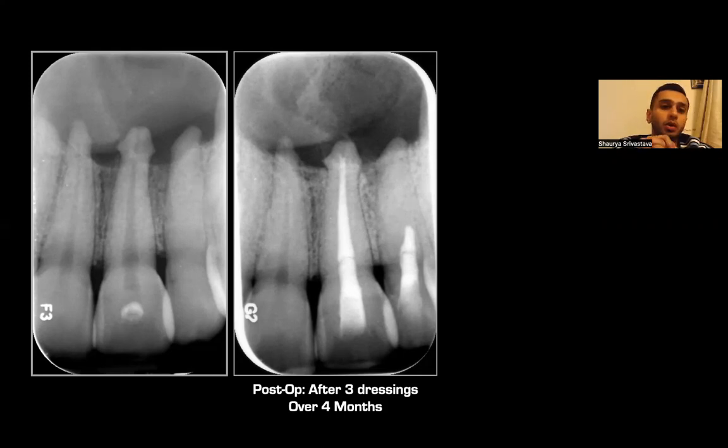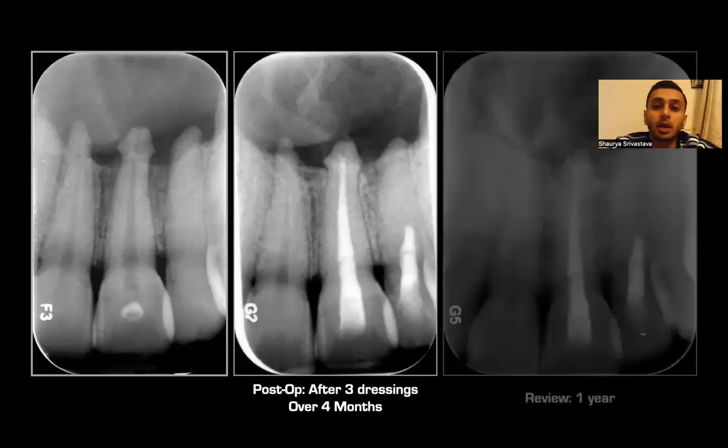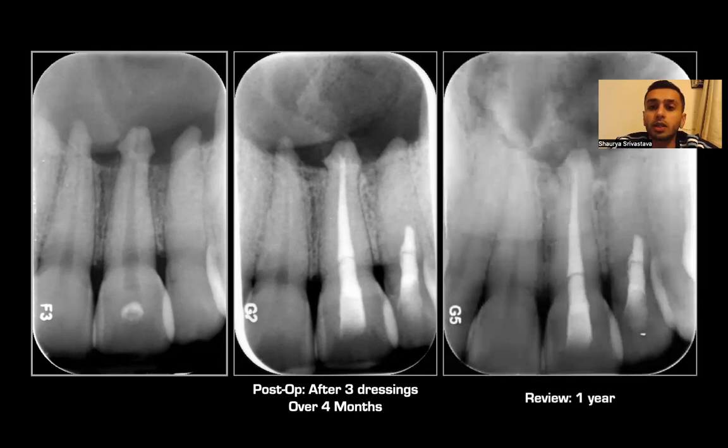So we said, okay, do you know what? We told the patient we're going to have to come back to surgery probably, but we'll still review you and send you off. Then the pandemic hit. We did not see the patient for a year. And when the patient came back for review, you see that the lesion is healing beautifully, all right?